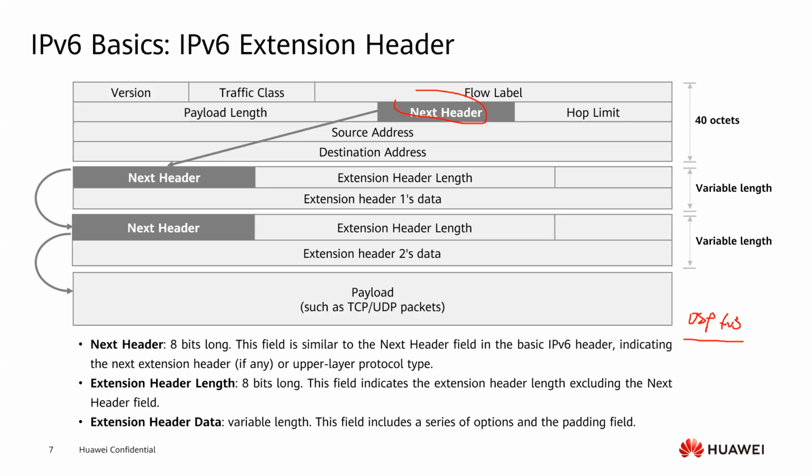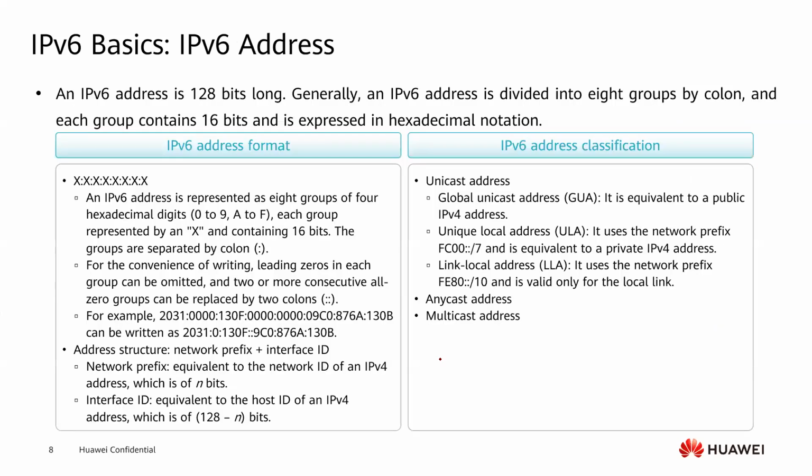All of the headers need to obey some rules to be sent one by one in order. First is the IPv6 basic header, then hop-by-hop, then destination, routing, fragment, authentication and others. This is all information you can check on our IA.com and core technology. Okay, and how about the IPv6 address?